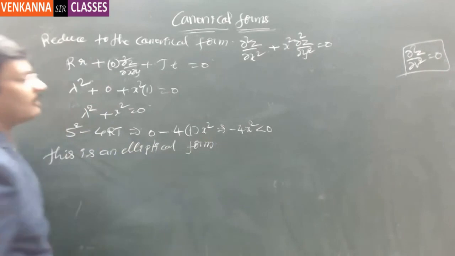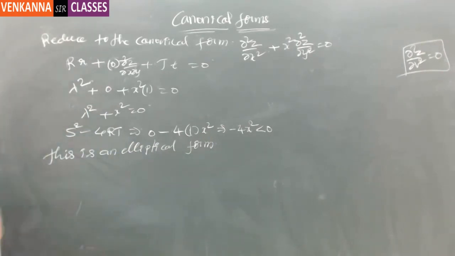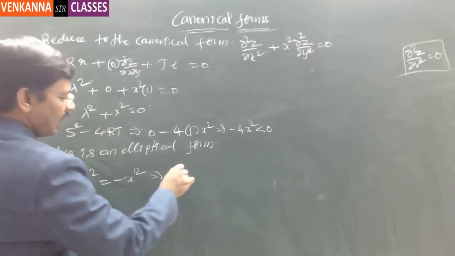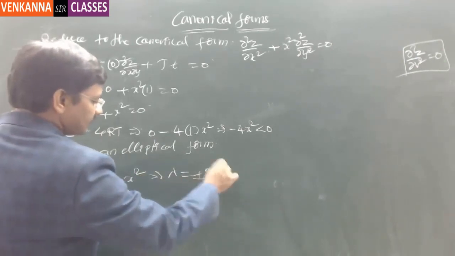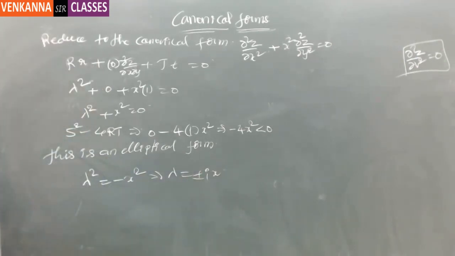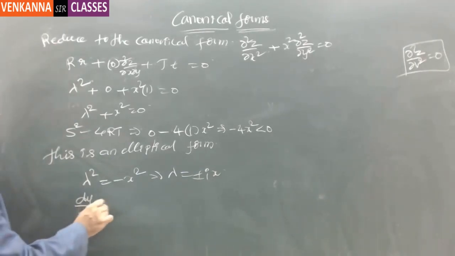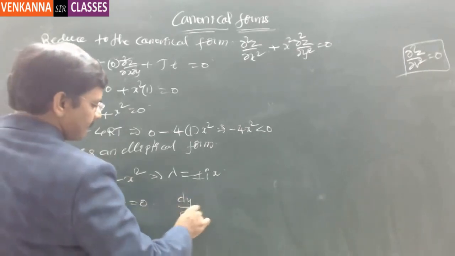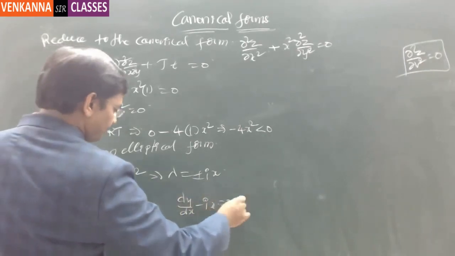Now if it is elliptical form, then lambda square is equal to minus x square, or lambda is equal to plus or minus ix. Now if it is plus or minus ix, then dy by dx plus ix equal to 0 and dy by dx minus ix equal to 0.